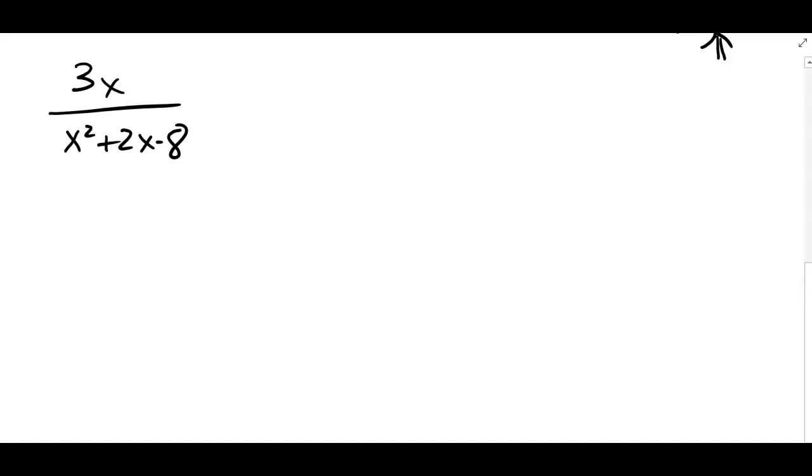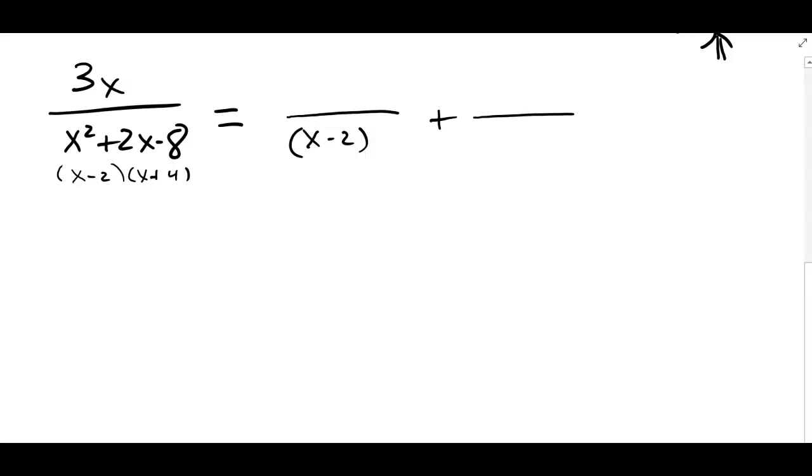Start by coming up with what we call the partial decomposition of our original fraction. And we say, okay, 3x over x squared plus 2x minus 8. Well, first of all, if I can factor it, it certainly makes it much easier. So it's x minus 2, x plus 4. So we already can determine we're going to have an x minus 2 and an x plus 4 by putting the factors down.